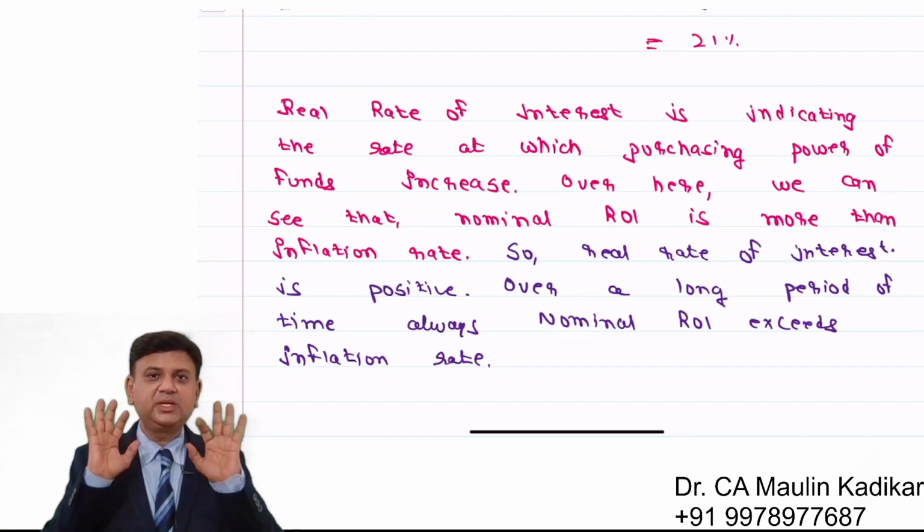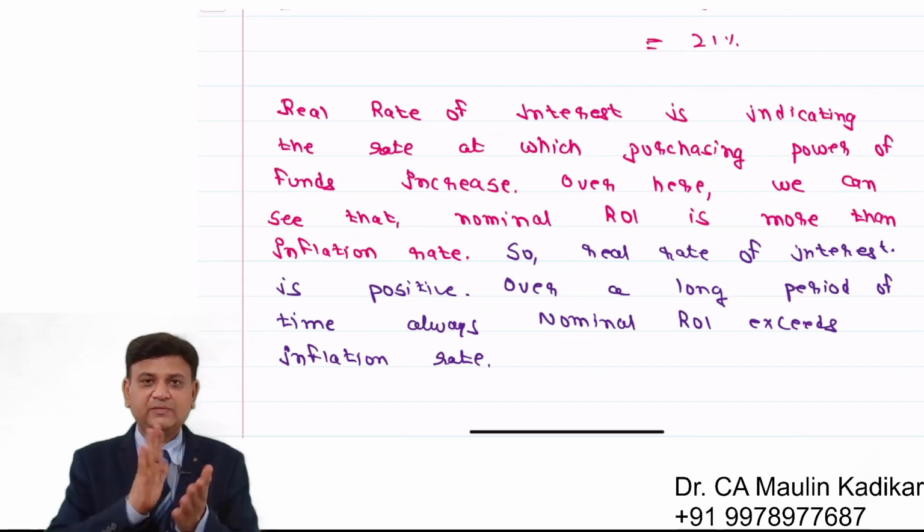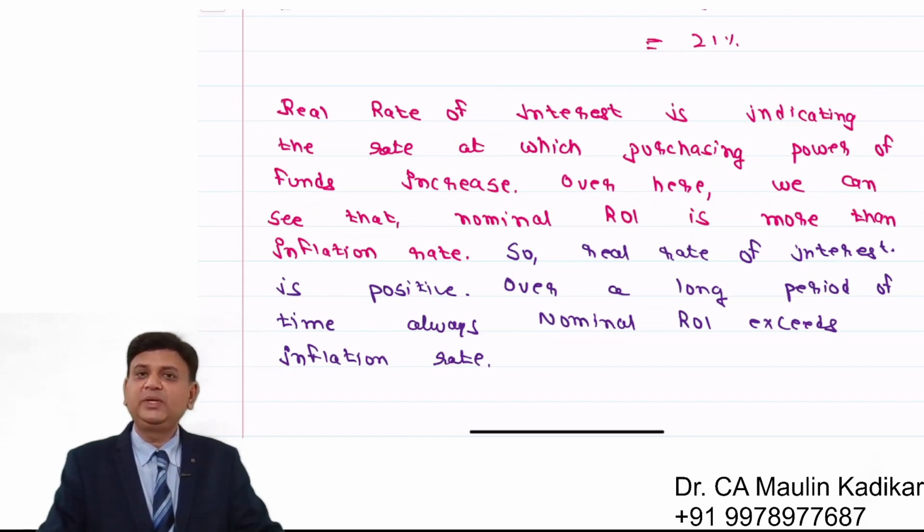And always remember, dear students, that whatever the rate of return you have studied anywhere so far is always the nominal rate of interest. Further we understand, logically, that whatever cost of capital calculation we make is also the nominal cost of capital.